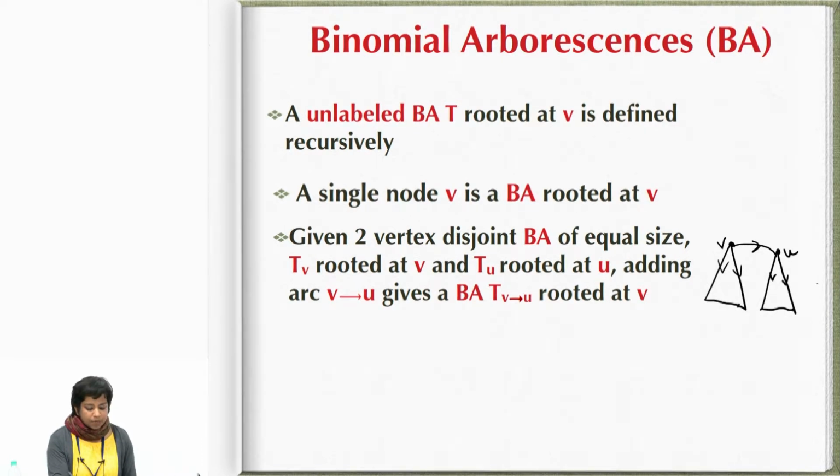Similarly, in this subtree, if I have a tournament involving only these vertices, then U would be the winner. Now I merge these two sub-tournaments, and V and U play in the finals, and V beats U, therefore V wins this combined tournament. That's the intuition behind the SBAs, okay?